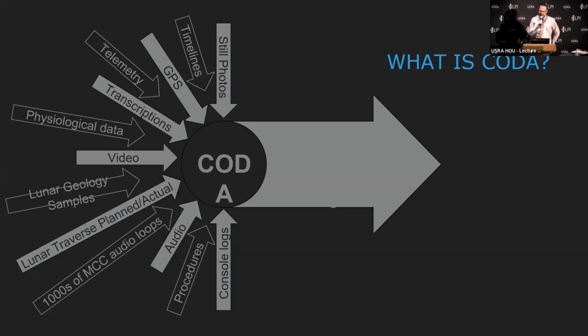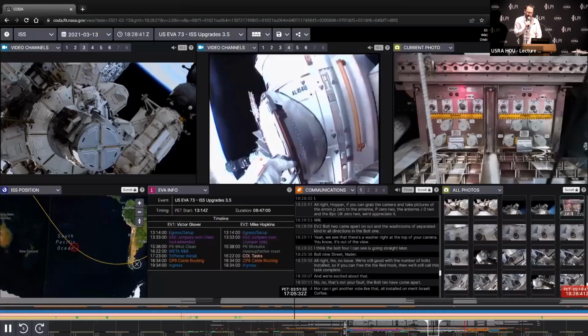So CODA is a lot bigger than Apollo in real time. It takes a lot more types of information and places it all into context. And it does it in an automated fashion, so it doesn't take a crazy person like me to actually reassemble it. And it looks like this, very similar. A little homage to Apollo in real time with the timeline at the bottom there, with all the different media in it.